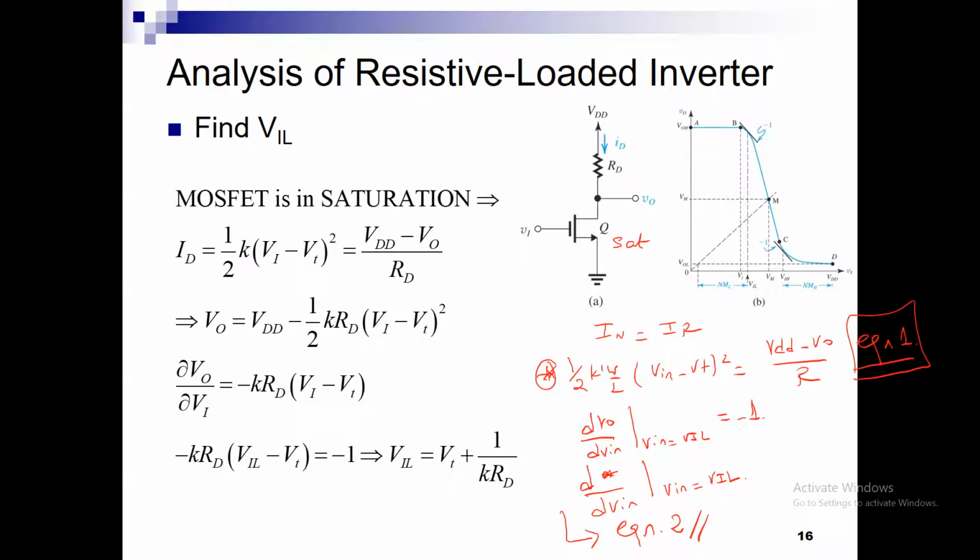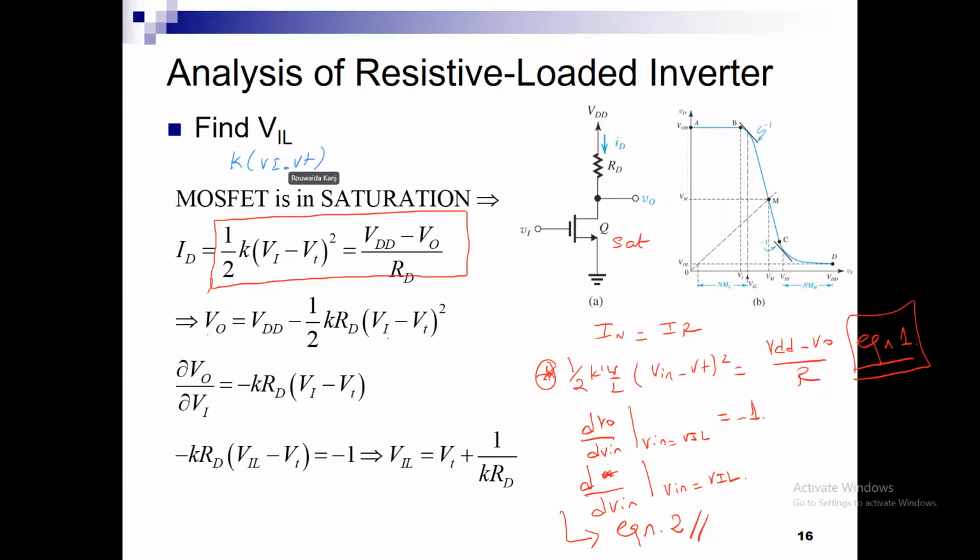where we say that ID equals IR, and we are going to differentiate. You can group VO on one side and Vn on another, or you can differentiate on the go. So d by dVn on this side, you will get 2 times half, which gives us K times Vn minus Vt.